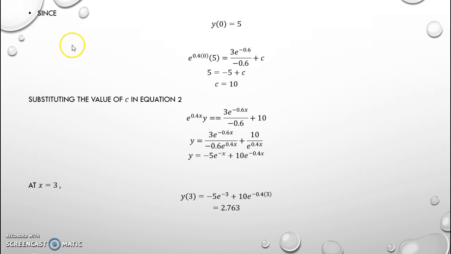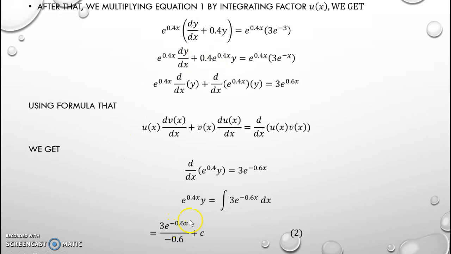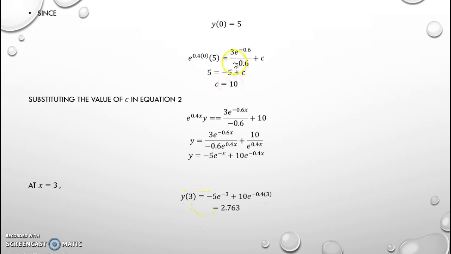Okay. Now since y(0) equal to 5, then we substitute e to the power of 0.4 times 0, where x is 0 and y equal to 5.